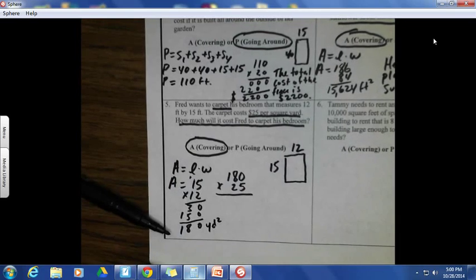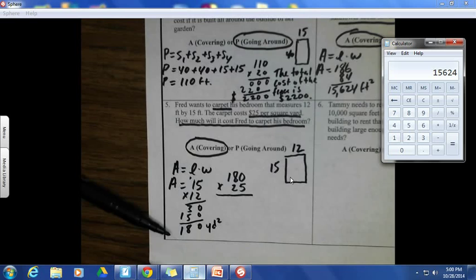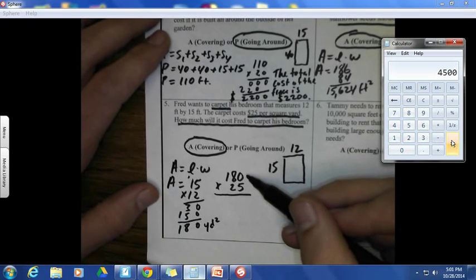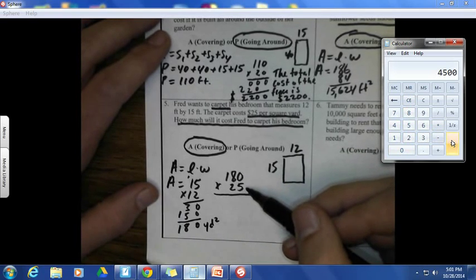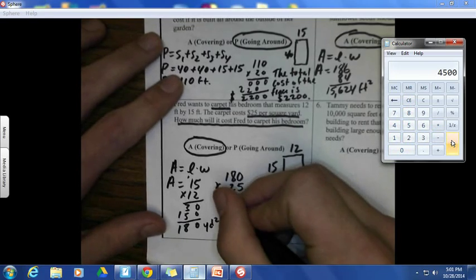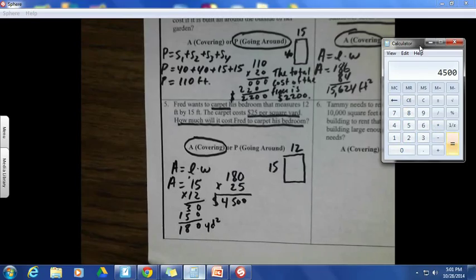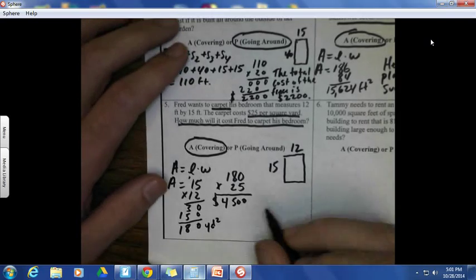So again, I'm going to use my calculator because I'm running out of room. 180 times 25, $25 per square yard. We had square yards times the amount that it costs per square yard, and we get $4,500 to recarpet his bedroom. Not cheap, so take care of your carpet.